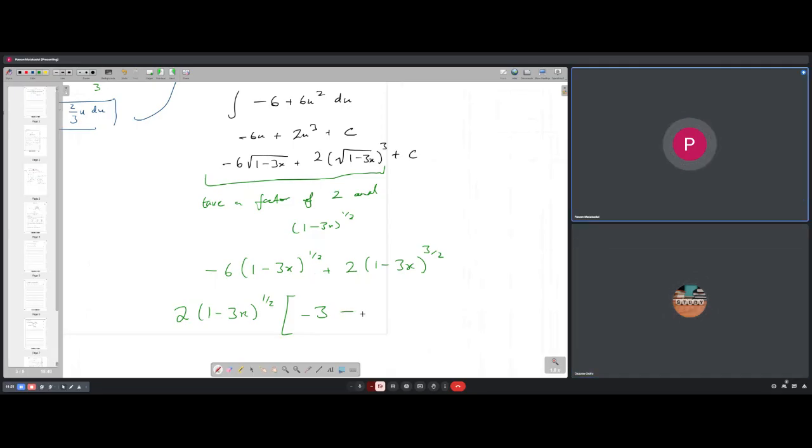And then you got plus. So the 2 doesn't change, but you've got 1 minus 3x there. Does that make sense? So if you look at the powers, right, they've taken out a factor of 1 minus 3x. So then, you just need to multiply this by 1 minus 3x to give you this.